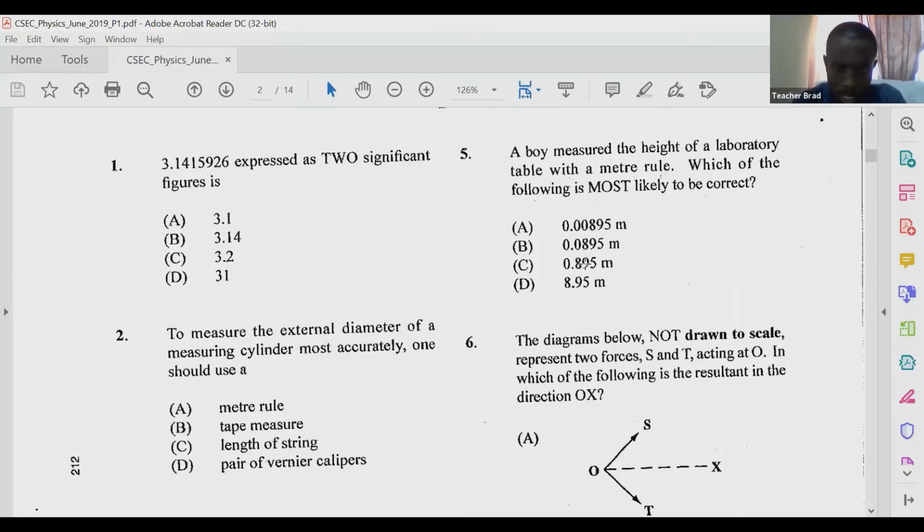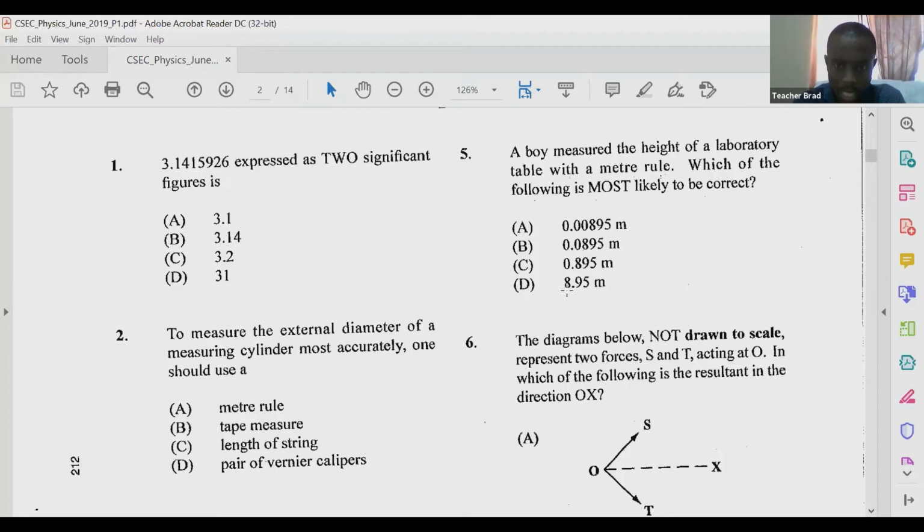And we look at C, 0.895 meters. That seemed to be in line with what would probably be acceptable. So that would be about 89.5, roughly 90 centimeters. That kind of makes sense because a laboratory table is probably a little less than a meter in length, which is 100 centimeters. So that would make more sense.